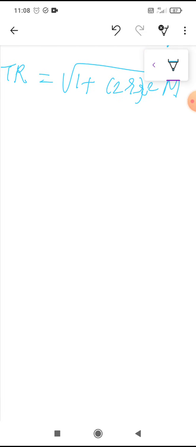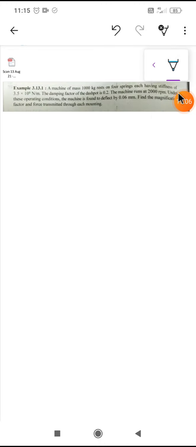Now we will see a simple small example so that we can grasp this better. Here is a machine of mass 1000 kg. Let me list out the data.